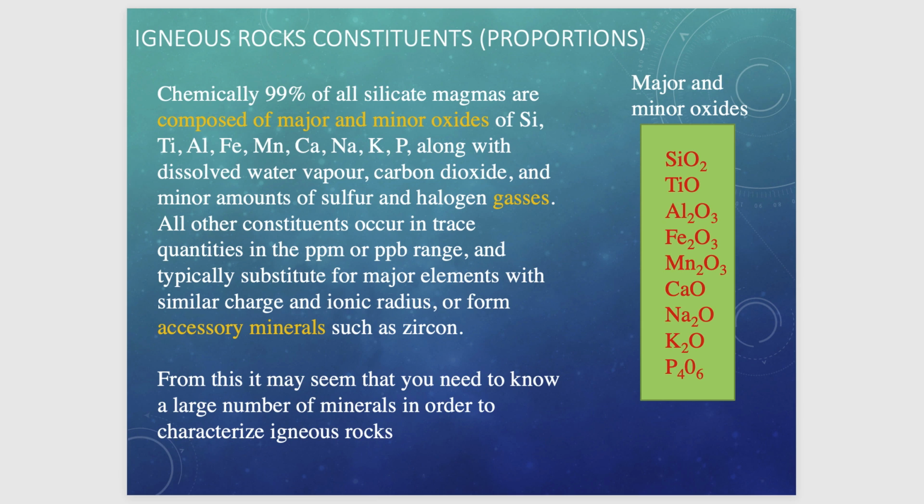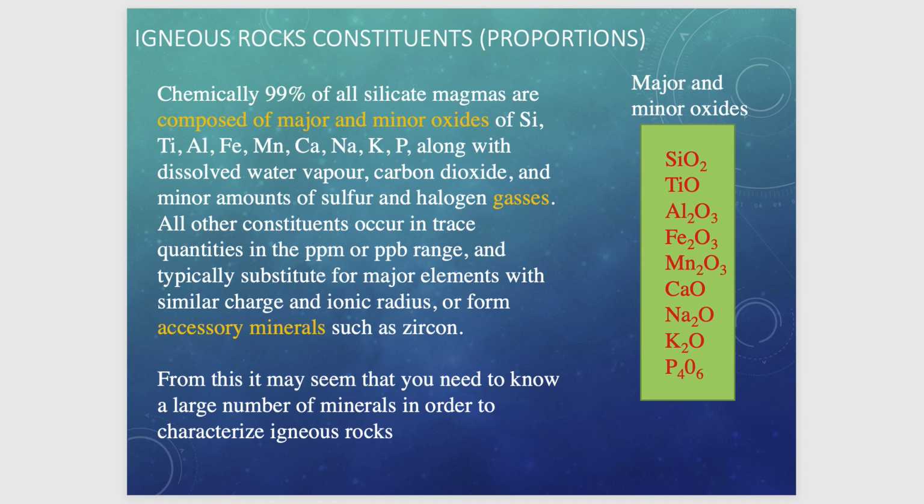So from this it may seem that you need to know a large number of minerals because of the complexity of the composition of these magmas, but as I stated, the fact that some minerals are the most dominant and abundant, I think this reflects also on the microscopic recognition of those minerals.